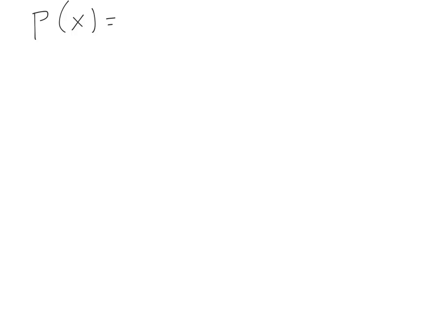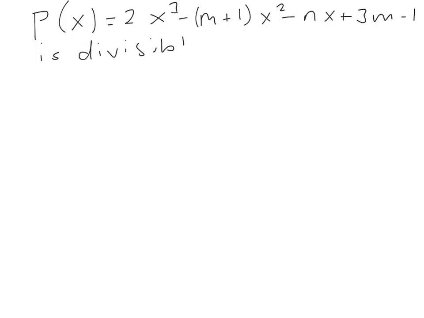P of x equals 2x cubed minus m plus 1 times x squared minus nx plus 3m minus 1 is divisible by x squared minus x. Then find m minus n.